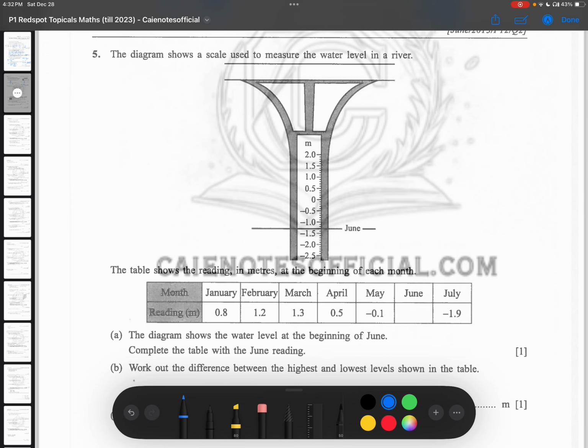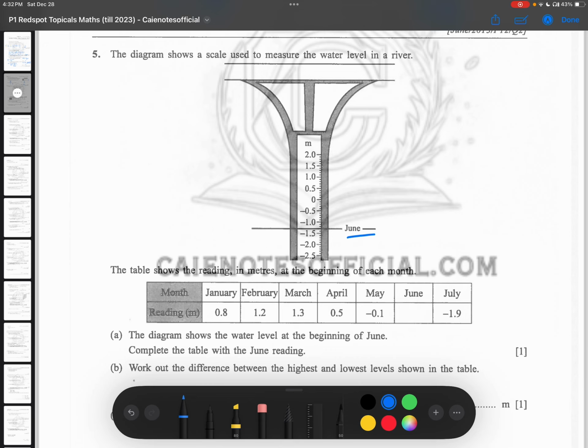So in the table we haven't been given the reading of June. We need to find it out by looking at this water level diagram. So over here, this line represents the water level of June, and this line shows the reading of minus 1.3. There are five lines between 0 and minus 0.5 and minus 1.